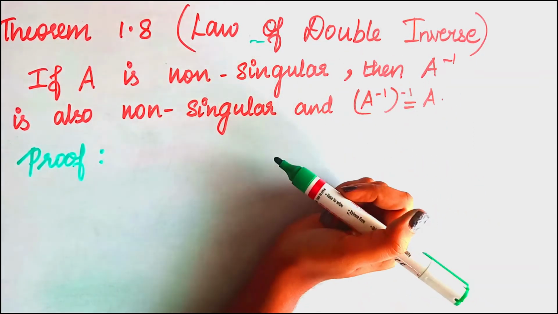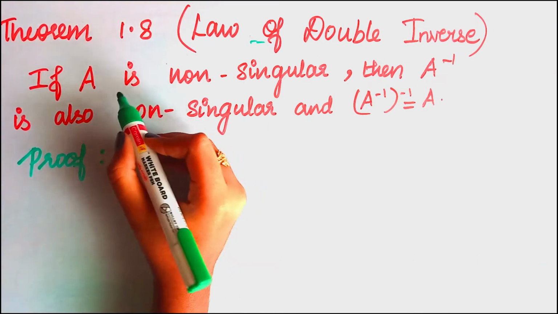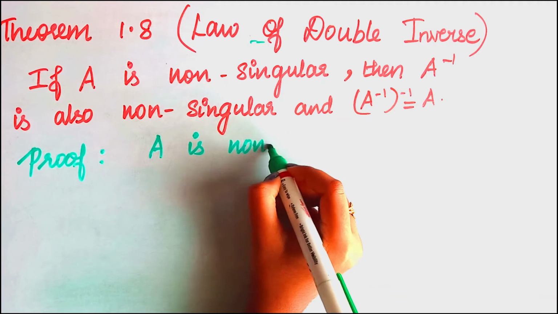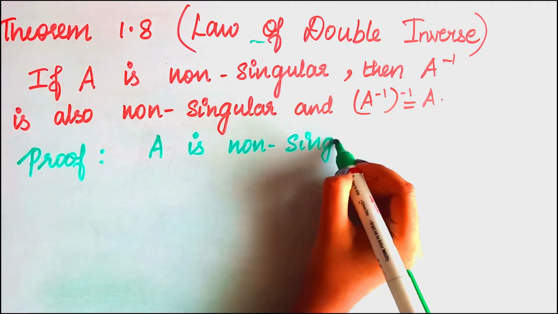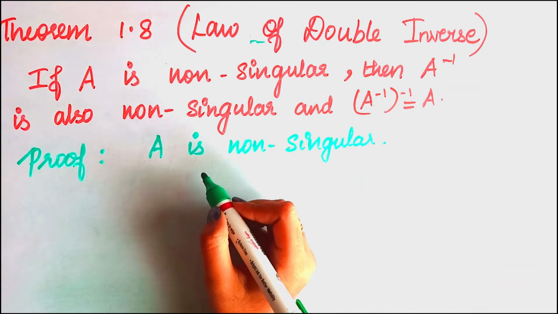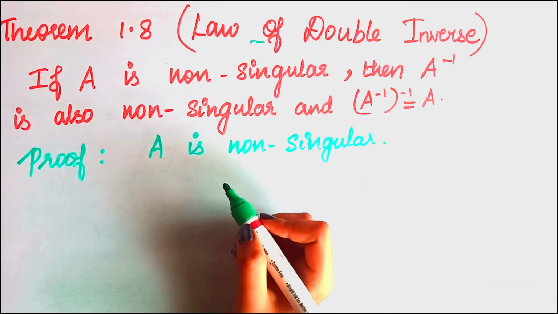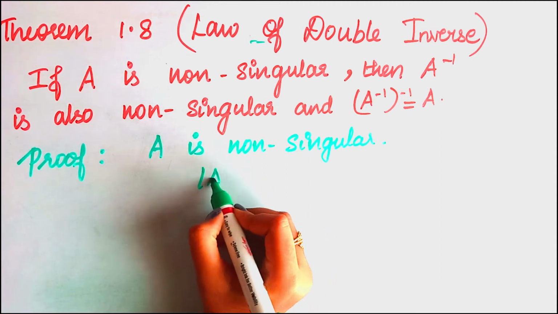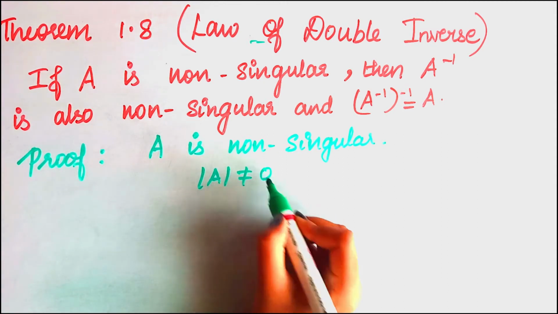Okay, now let's start with the given part, which is A is non-singular, right? Okay, A is non-singular, so as I have already said, you need to remember two conditions if a particular matrix is non-singular. The first condition is determinant of A must be not equal to 0.